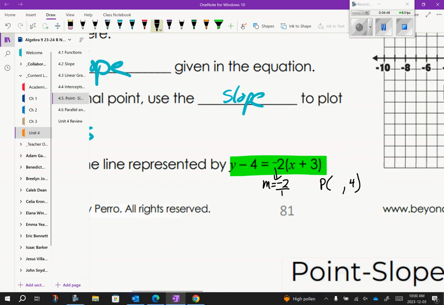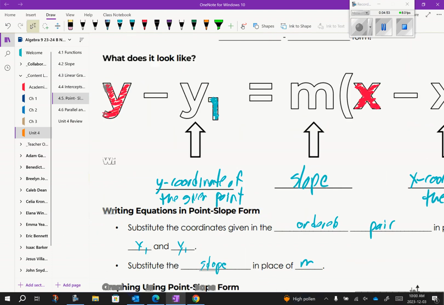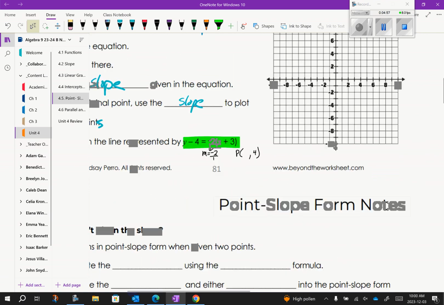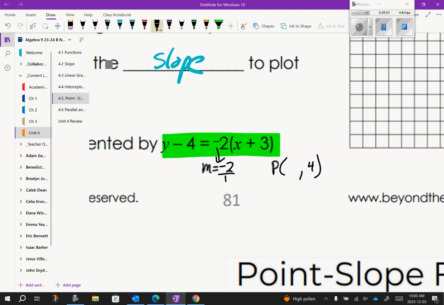Remember, the equation says we're supposed to take y minus y sub 1. It also says in the parentheses we have to take x minus x sub 1, but here it doesn't say x minus 3, it says x plus 3. Well, how did that change from the subtraction into an addition?